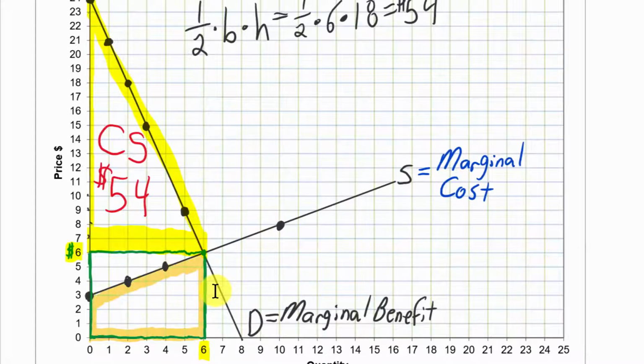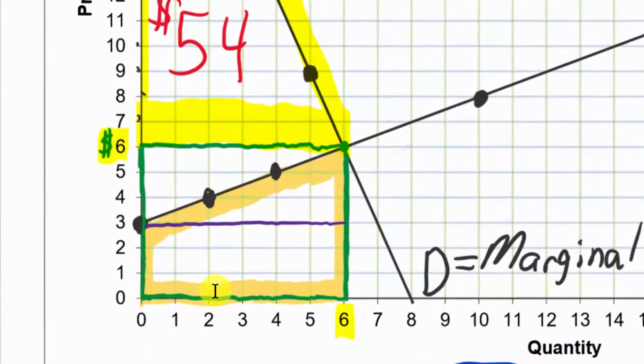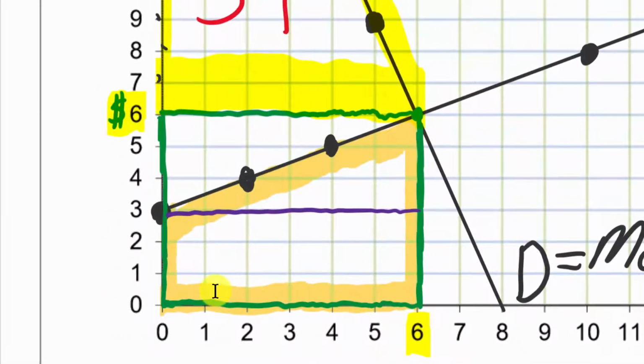Now we have another trapezoid here. And for a trapezoid, you can always split it into 2 parts and add those up. So here's a little purple line to divide that. Let's zoom in so we can see this very carefully. So this trapezoid, this orange shape, is a rectangle on the bottom, which is 3 high times 6 wide. 3 times 6 is 18.